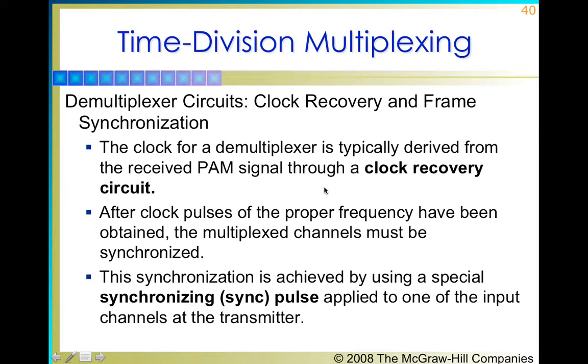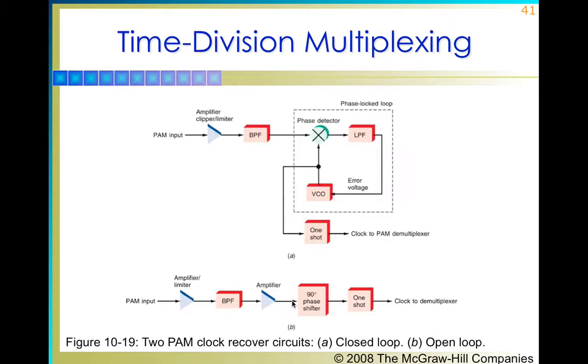And we will see in the next diagram how we will be recovering our clock signal, and retrieving our synchronization pulse from the PAM signal directly, and with the help of the clock signal generated from the clock recovery circuit, and with the help of the synchronizing pulse which is retrieved from the PAM signal, we are able to have synchronization on the receiver side. So over here we have two circuits.